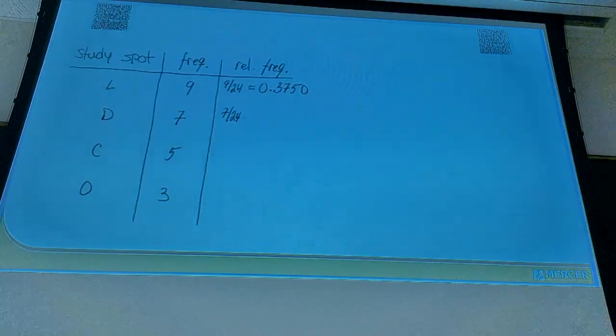Seven out of 24. The dorm. .2916 repeating.